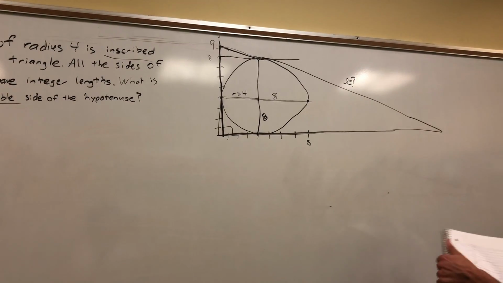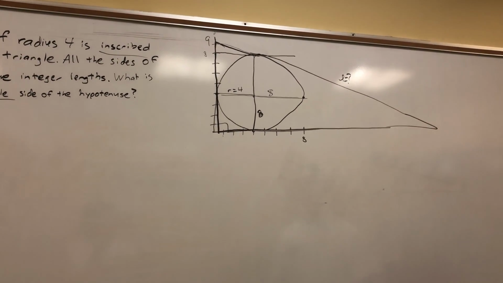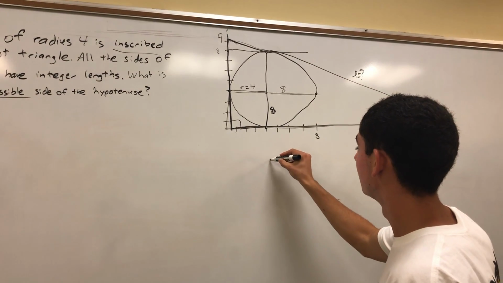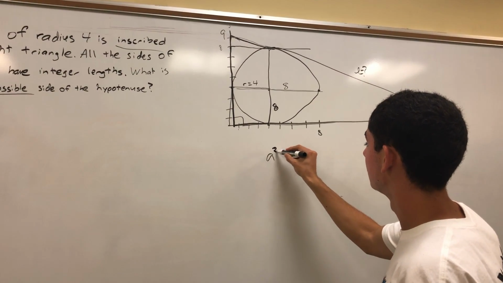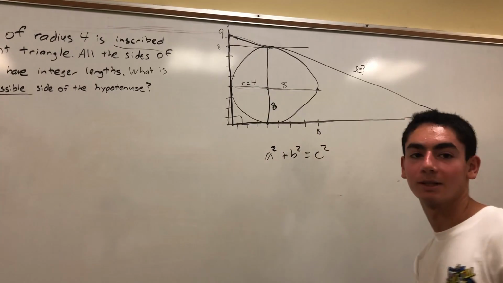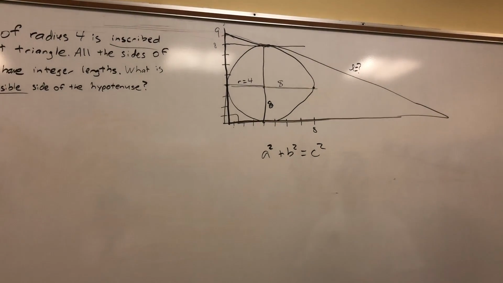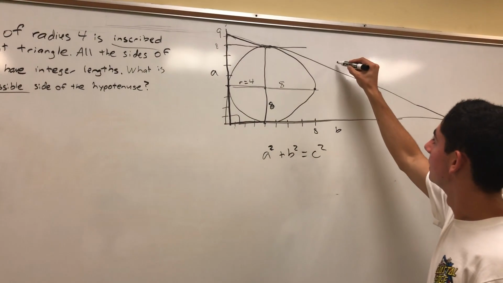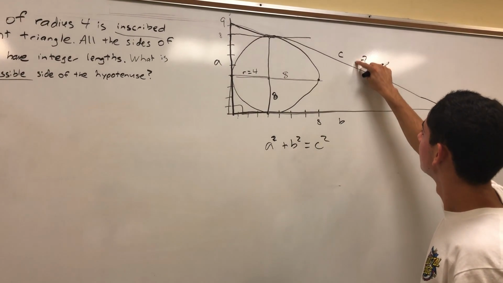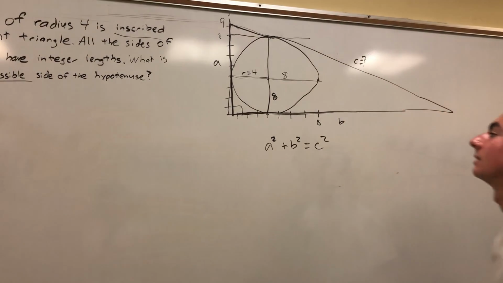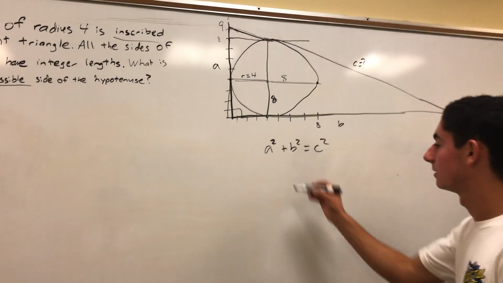To do that, we know the Pythagorean theorem, which is a squared plus b squared equals c squared, right? So we're going to say this is side A, this is side B, and that's C. So we're saying A is 9.